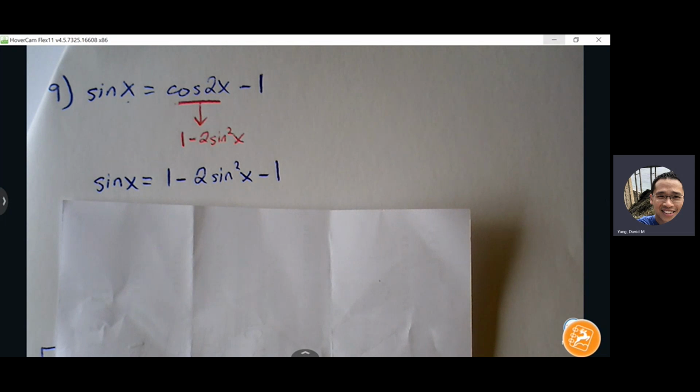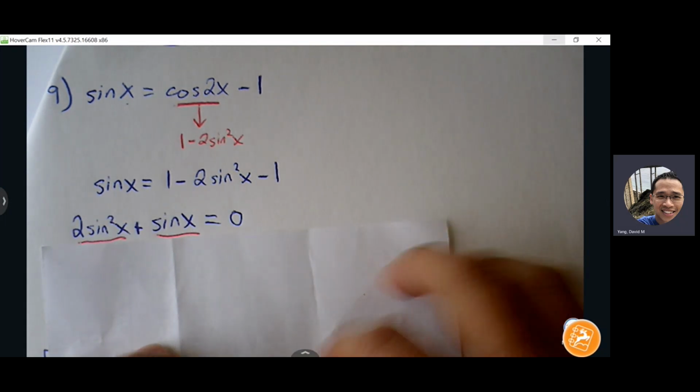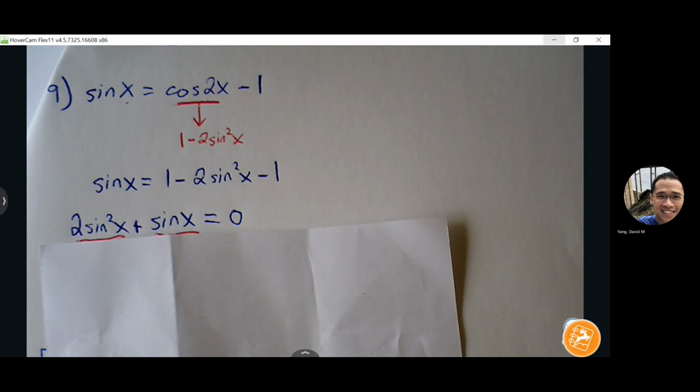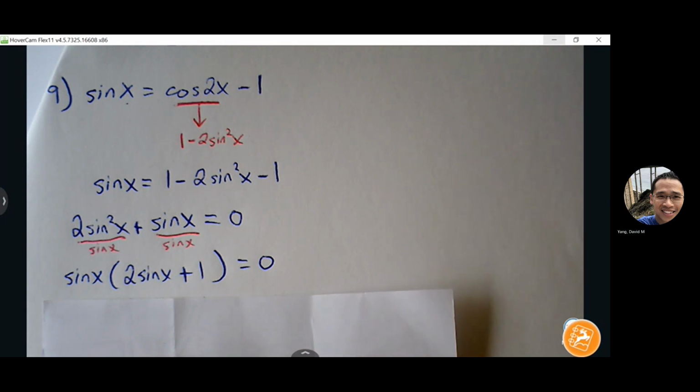We can put the sines together on the same side and then look for what? Yeah, set equal to 0, take that GCF out. Okay, GCF is sine of x, factor out that sine of x.